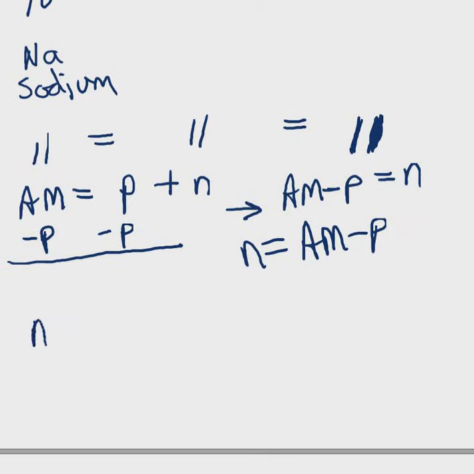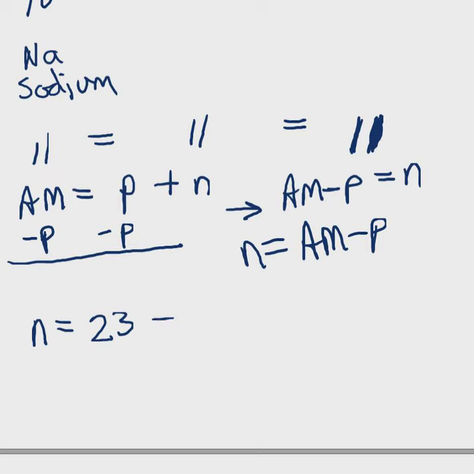So the neutrons equals our atomic mass for sodium, which is 23, rounded up. The periodic table I gave you has all of the atomic masses rounded so that your math can be a little bit easier.